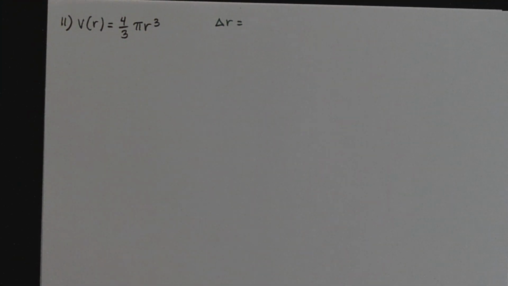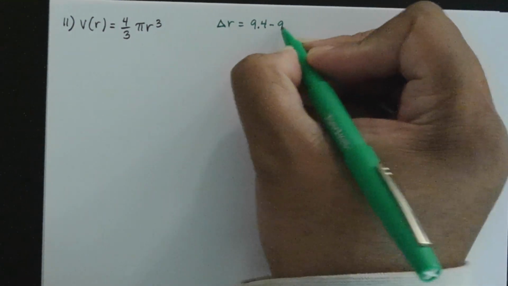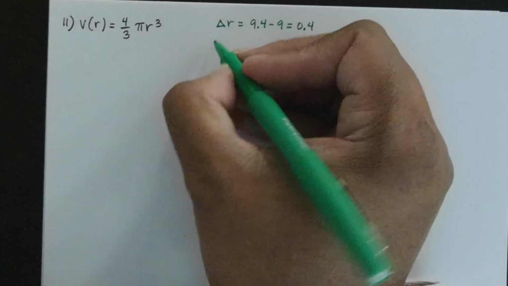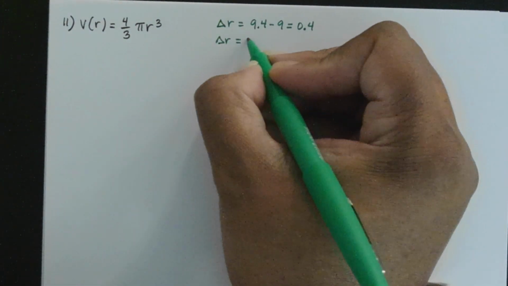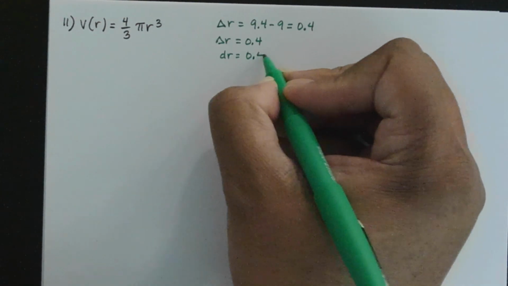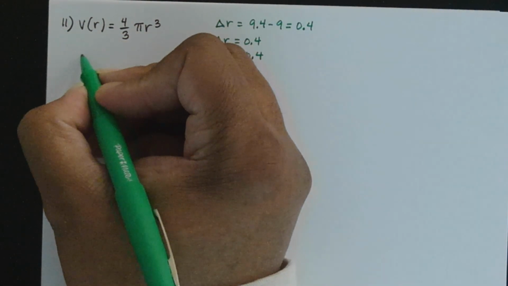It was 9 millimeters. The outside was 9.4 millimeters. So 9.4 minus 9 would be how much? 0.4. That would be what delta r would be. Or we can say dr is 0.4, since delta r and dr pretty much mean the same.